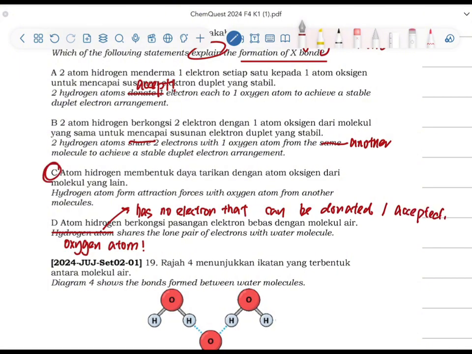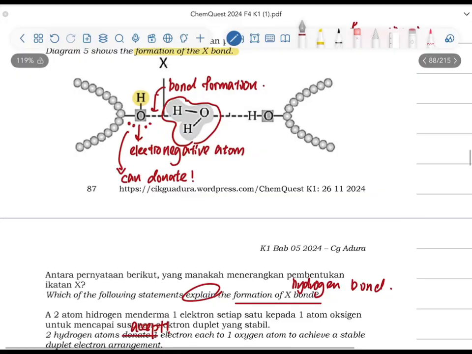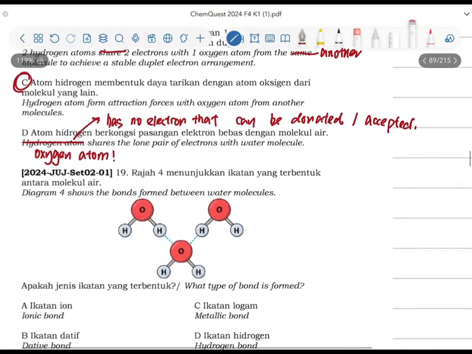So the answer is C. The hydrogen atom will form attraction forces with oxygen from another water molecule, as shown in this diagram. This hydrogen forms an attraction force, which is the bond, with another oxygen atom.